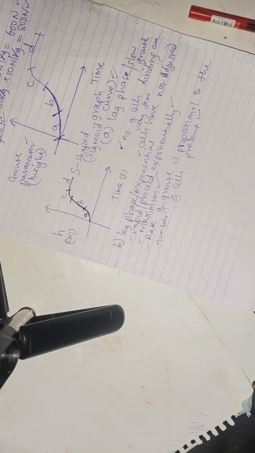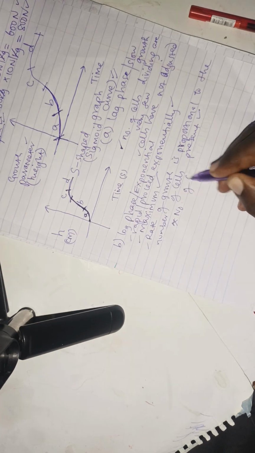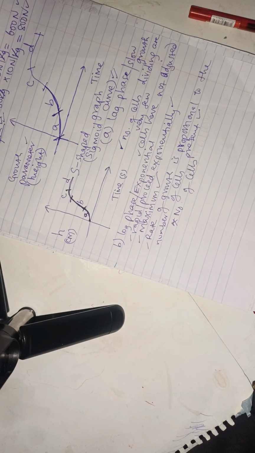And we shall have to look at some of the factors that can make this growth rate rapid or maximum. Number one, the number of cells has increased. When the number of cells has increased, the rate of growth must also increase.